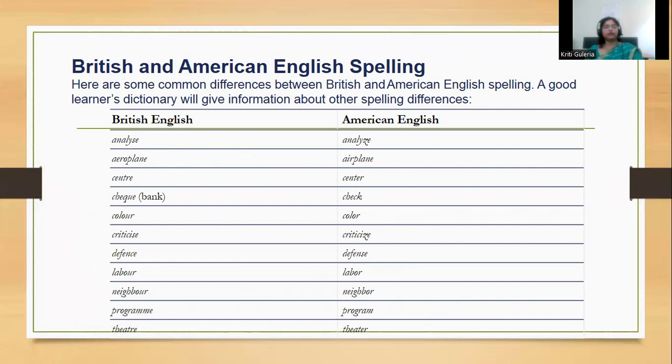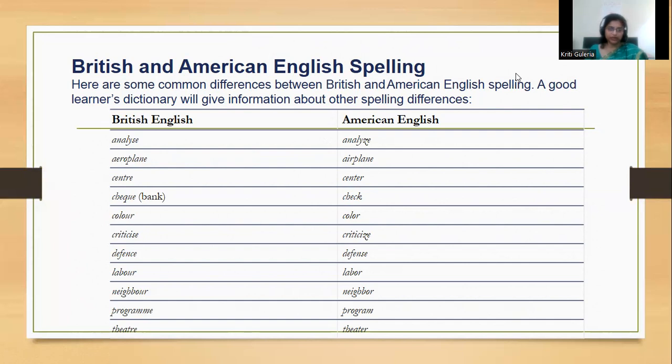Now, as we know, there is a separate set of spellings for British English, and there is separate spelling for American English. But most commonly in written language, we use British English.